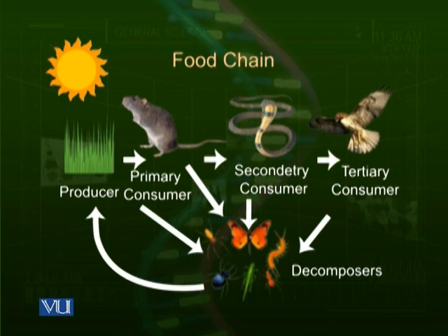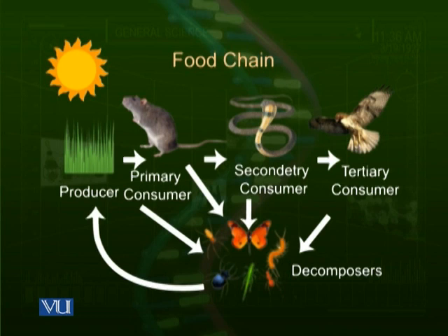So we call the hawk a tertiary consumer. We also call it a secondary carnivore because it is eating a primary carnivore. Snake is a primary carnivore because it is eating a herbivore animal, that is a mole or a rat. So secondary consumer is a primary carnivore, and the tertiary consumer is a secondary carnivore.